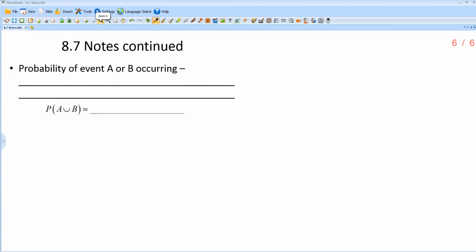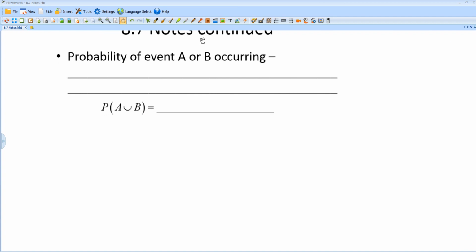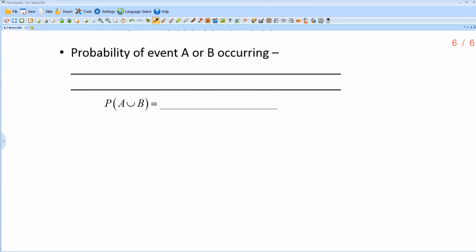And then last, we have our other or statement. So the probability of event A or B occurring if the two events are not mutually exclusive. And again, what we mean by that is that they can occur at the same time.